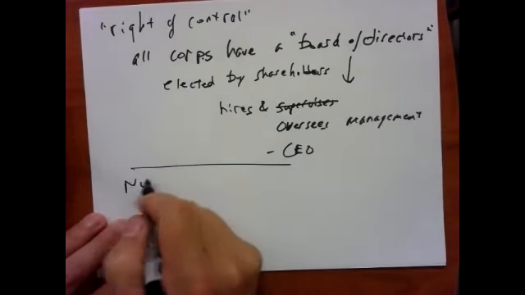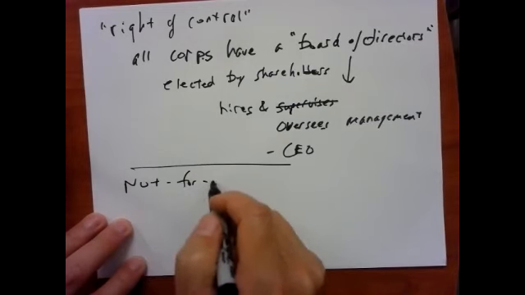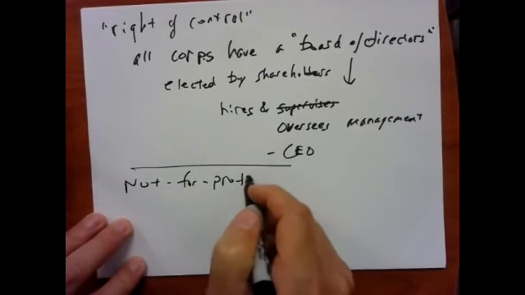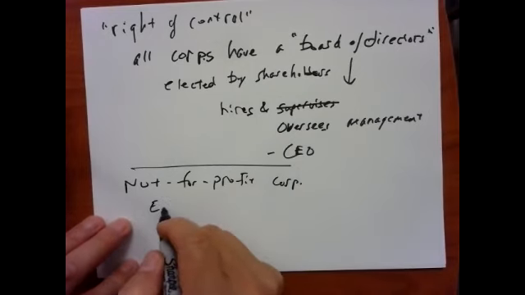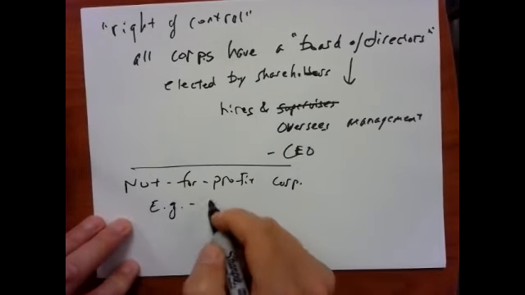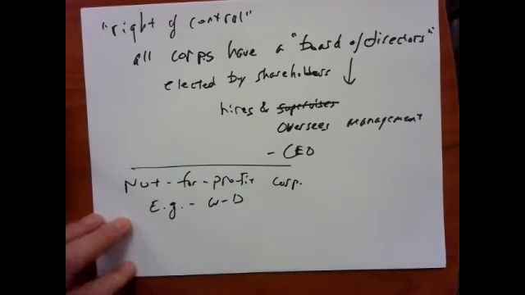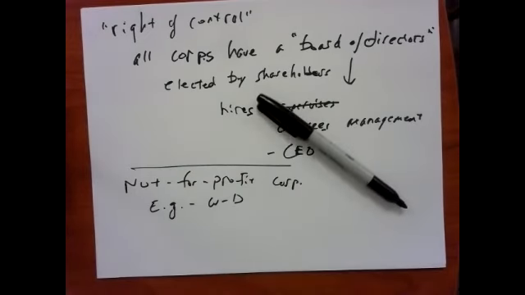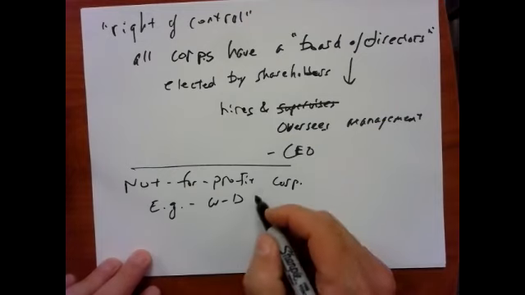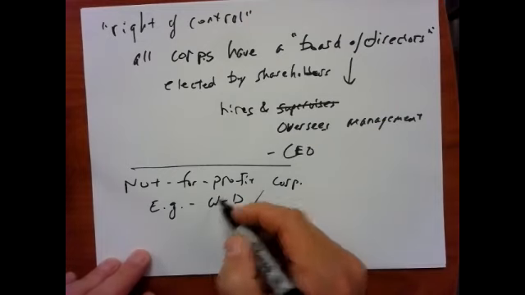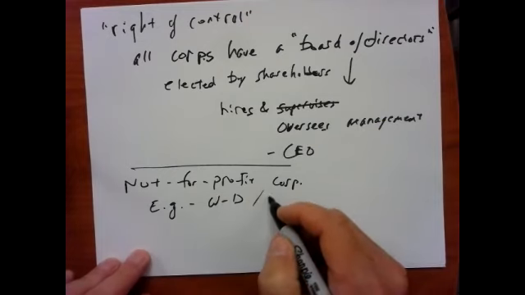So now let's talk about a not-for-profit corporation. So, for example, Wentworth Douglas. Well, now Wentworth Douglas is part of a larger system, the Partners or Mass General Brigham system, but it has historically been an independent entity.